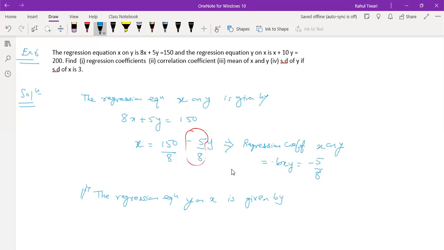So we will have this equation. I am interested in getting y because it is y on x. So y will be on the left, and 200 minus x divided by 10. So this will give us the regression coefficient y on x, which is byx equal to minus 0.1.